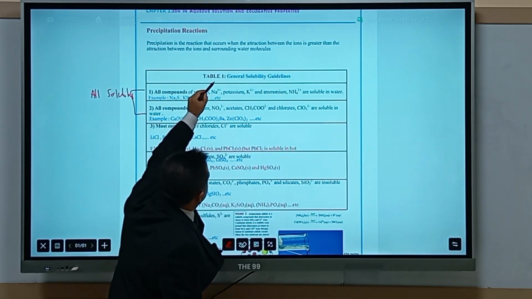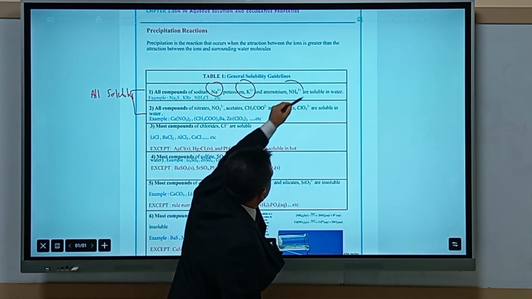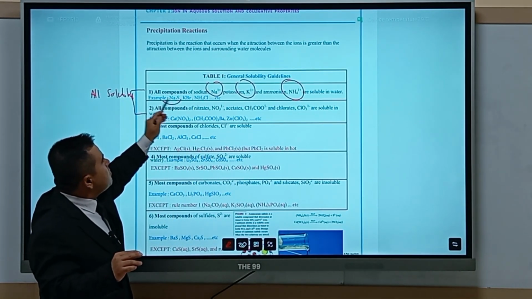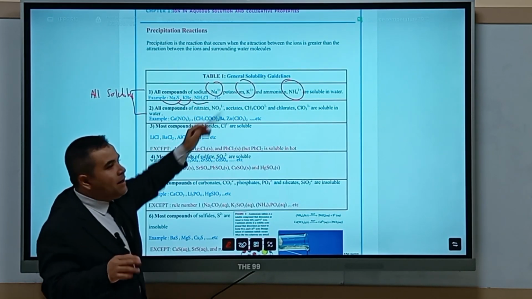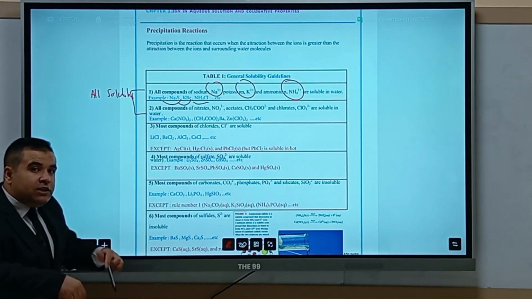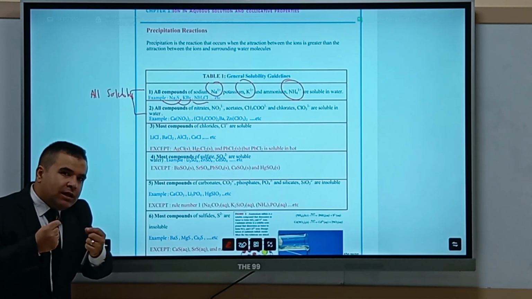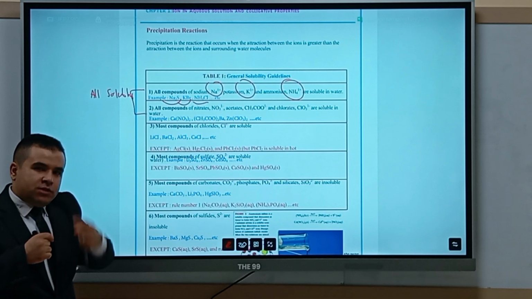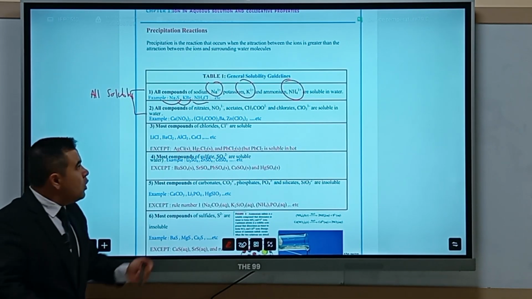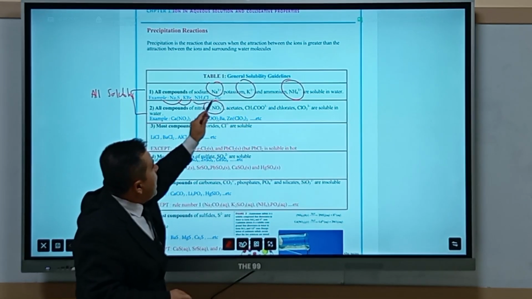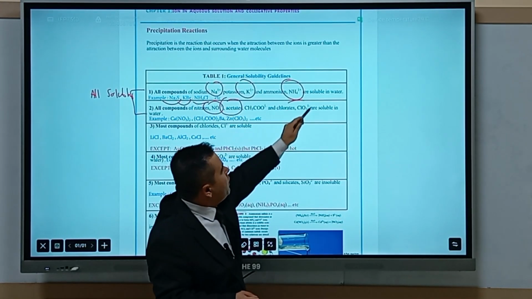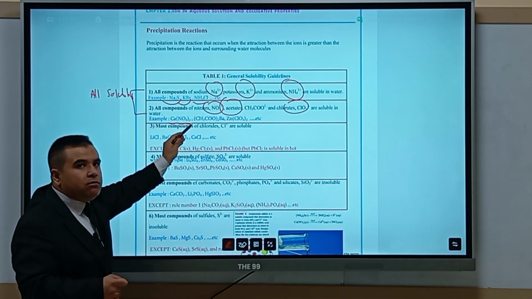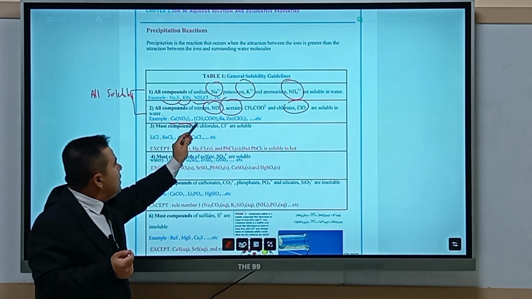So any compound containing sodium, potassium, and ammonium is soluble in water. Examples: Na2S, KBr, NH4Cl, and so on. The other 3 ions which, whenever they exist in any compound, make the compound soluble, are 3 anions, which are nitrates, acetates, and chlorates. Examples: calcium nitrate, soluble because of nitrate.